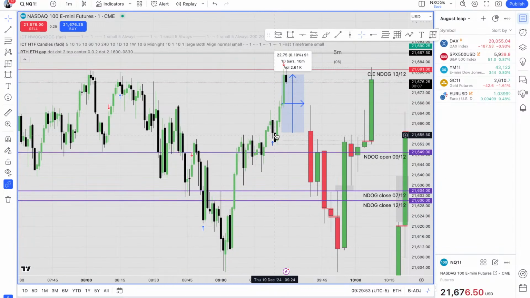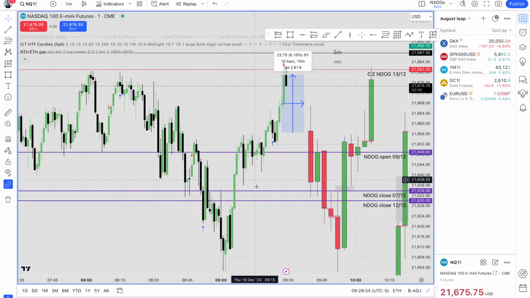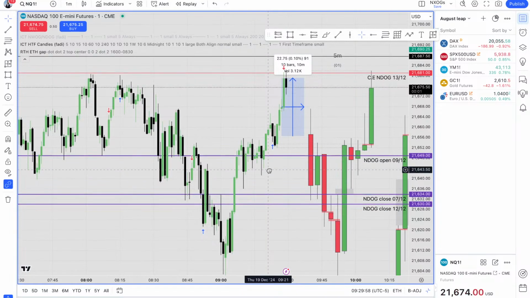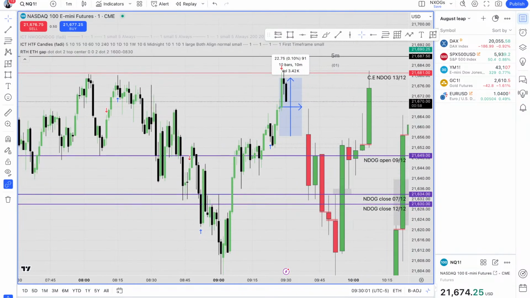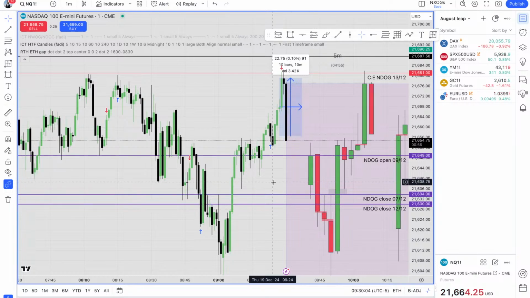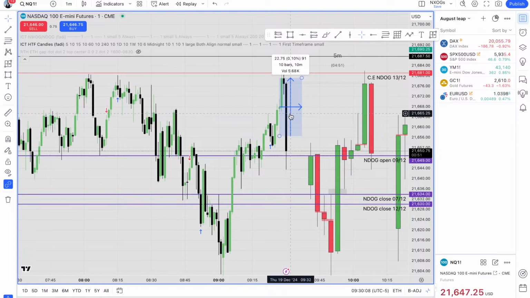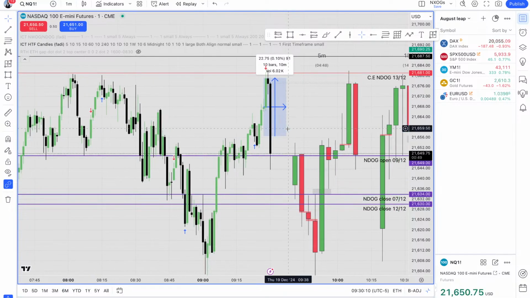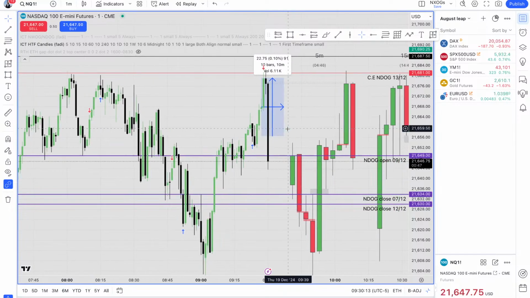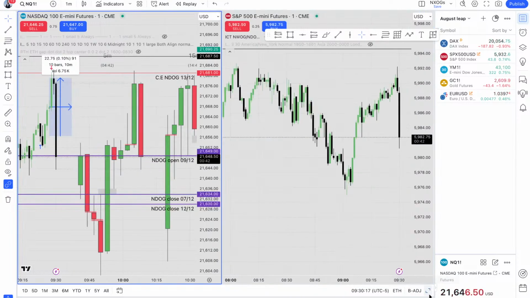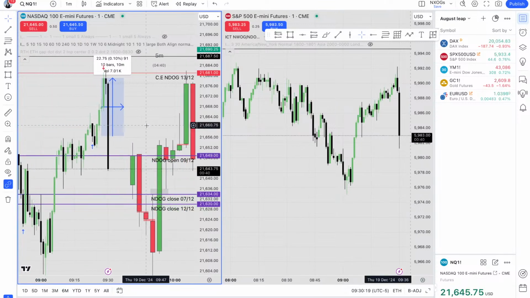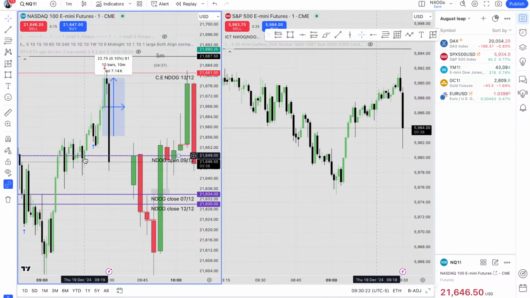I entered here again. Why didn't I wait for a displacement, for example, a retracement here? Because this candle created an SMT with ES. So we're at 9:30 already. You see, I would have never waited for the 9:30. This candle exactly created an SMT and it created a fair value gap.